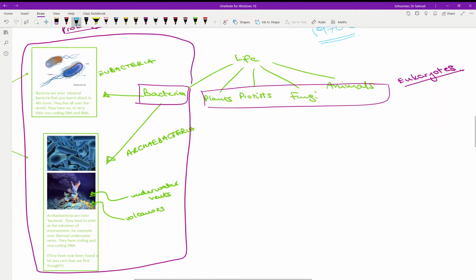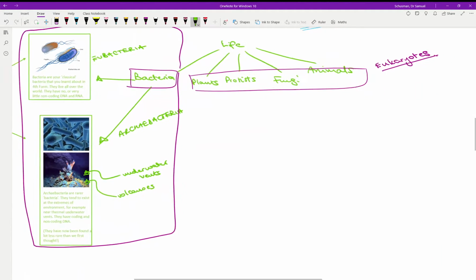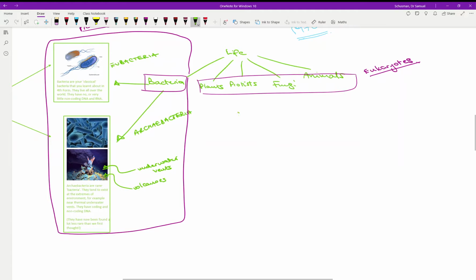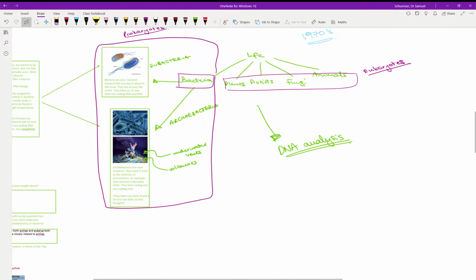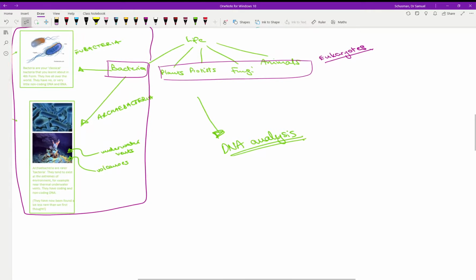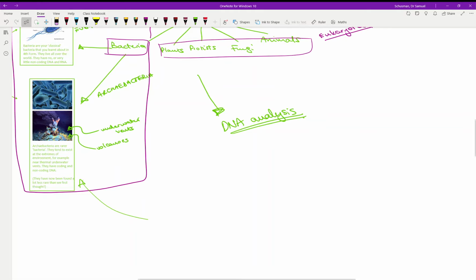However, as we found out more about our favorite molecule, DNA, we did DNA analysis. And what we found with this DNA analysis is that these archaebacteria didn't have a nucleus, but they still had DNA. If you stretched out their DNA, their chromosome, they would have genes dotted in between.